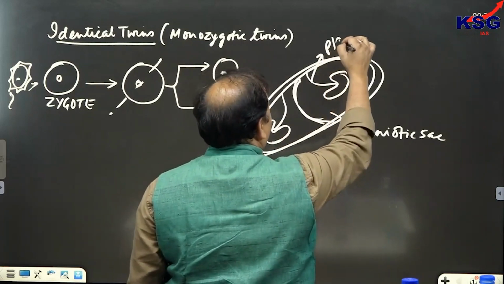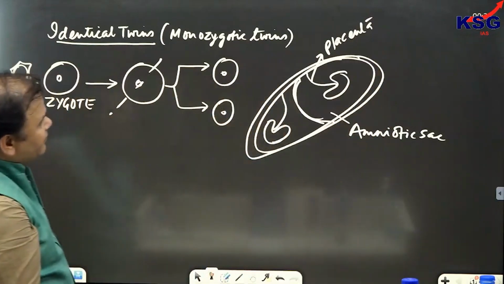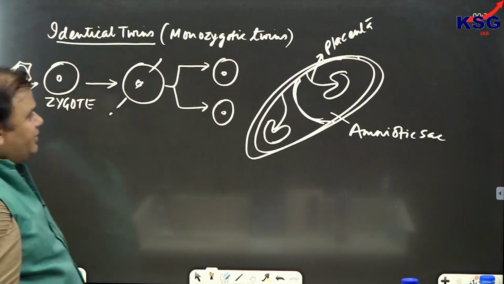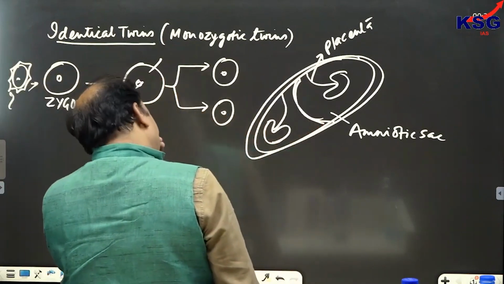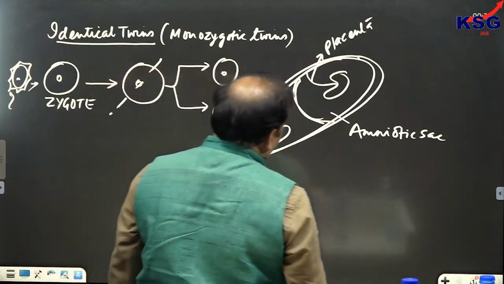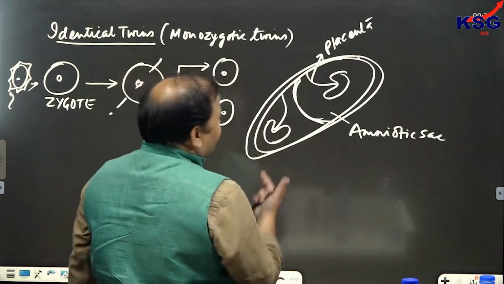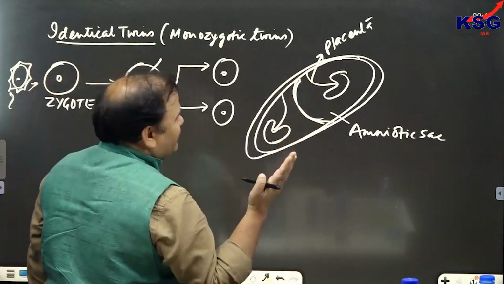Placenta means the umbilical cord through which nourishment is given to the baby. So you can see that generally these twins are present in different amniotic sacs. They are not sharing the same placenta. Fine. And they lead to the birth of identical twins.